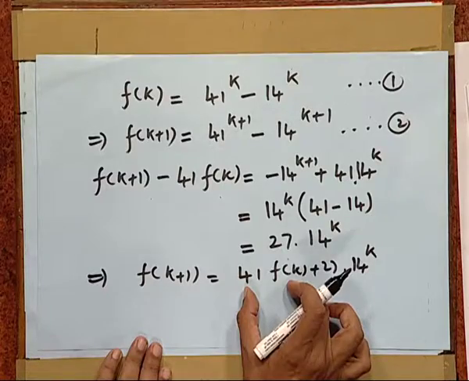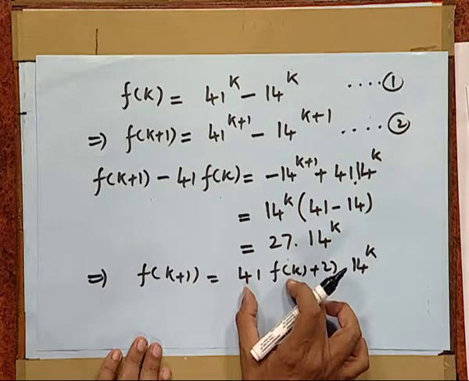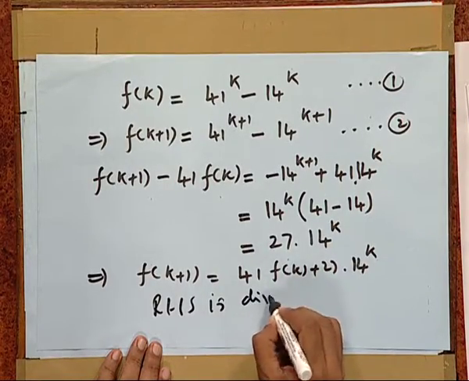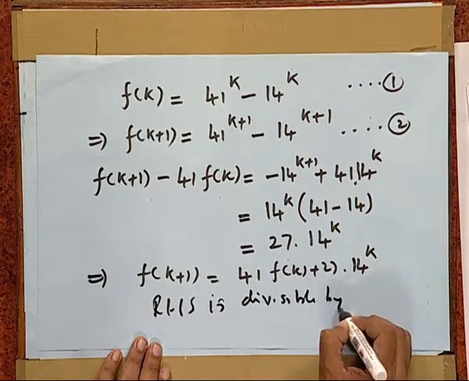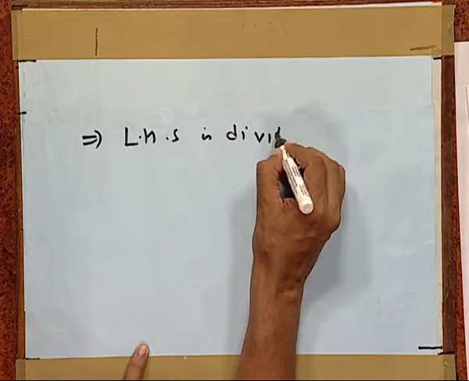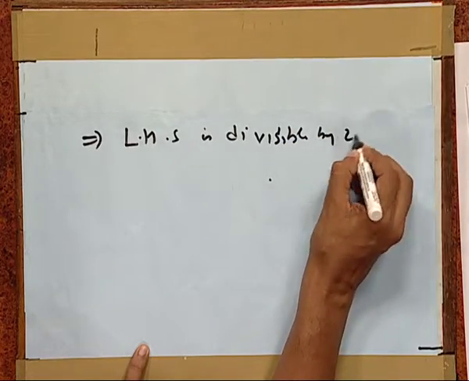In the right hand side, the first term is divisible by 27 by our induction hypothesis, while the second term clearly has a factor of 27. So, it is divisible by 27. As a result, the entire right hand side is divisible by 27, which implies the left hand side is divisible by 27.